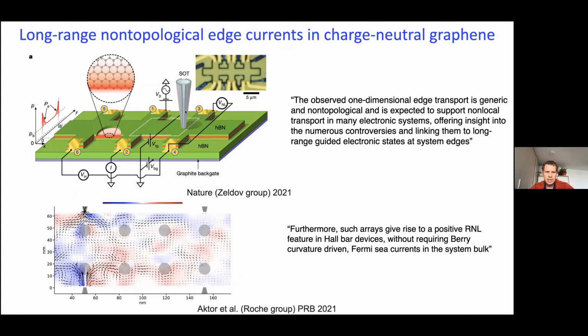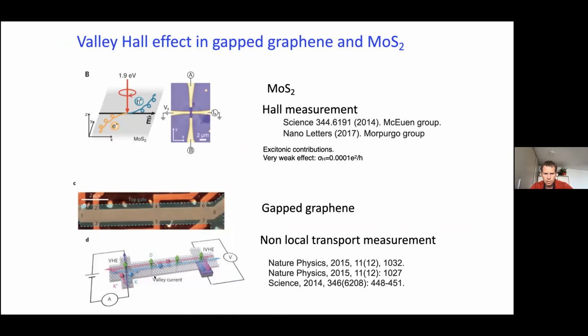And then there was this Nature paper by the same authors as this paper that claimed that you can also have non-local voltages from non-topological edge currents, because the edges of graphene or bilayer graphene can be quite dirty and lead to edge current flow that can give rise to the voltage that appears on this side.